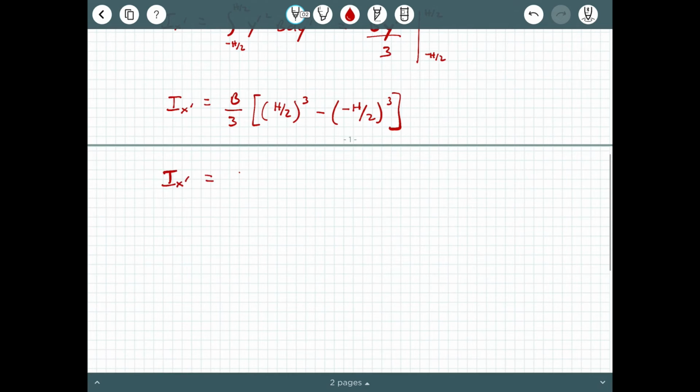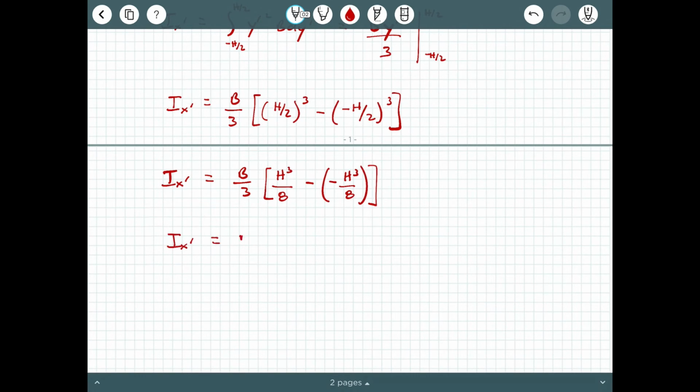We're going to say I sub x prime equals b over 3, and then we're going to get an h cubed over 8, and then we're going to say minus a negative h cubed over 8. All right, mind your algebra here.